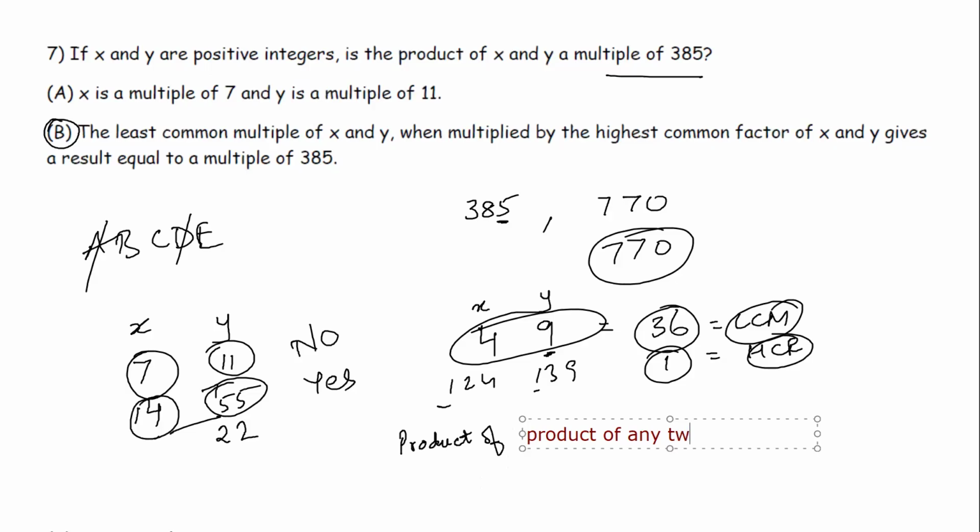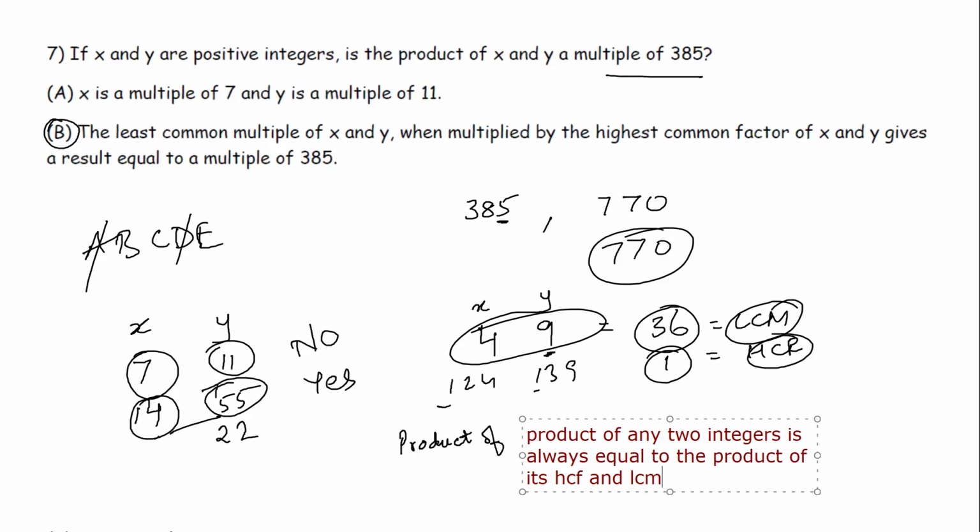The product of any two integers is always equal to the product of its HCF and LCM. Simple. So the second statement is basically reiterating that in a different way.